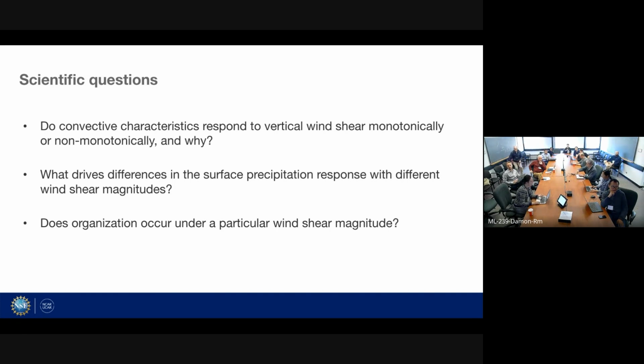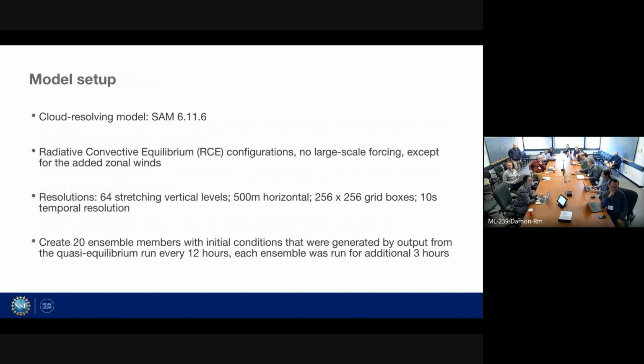To answer those questions, we first need to simulate a cloud field. We did so by running a cloud resolving model. We first run this cloud resolving model to a radiative convective equilibrium state, which has no large-scale forcing. We use a horizontal resolution of 500 meters, which is fairly fine, and a stretching vertical coordinate with a temporal resolution of 10 seconds.